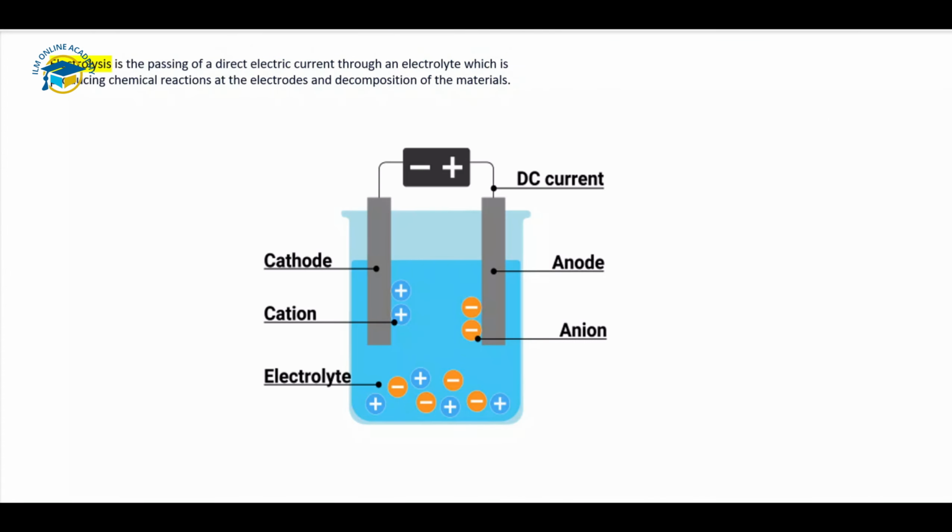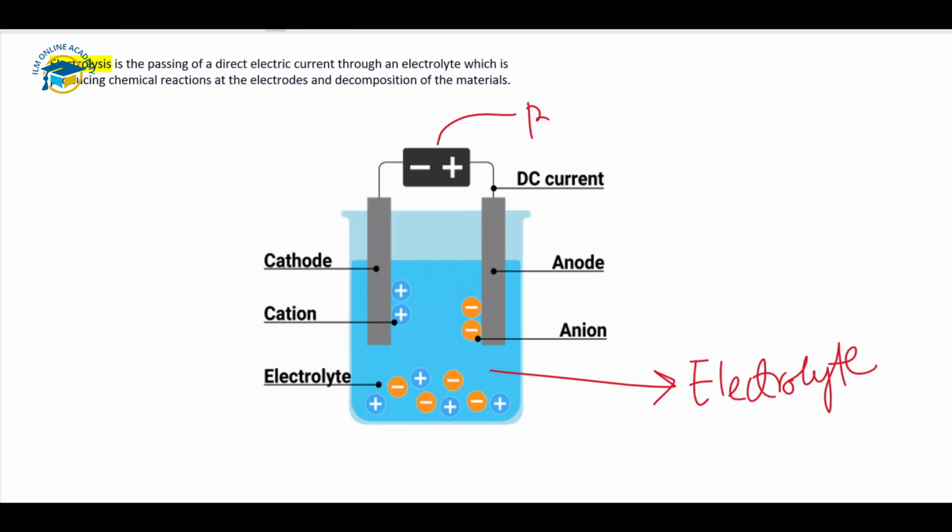Electrolysis is the passing of electric current through an electrolyte, and the electrolyte is this liquid solution present in the electrochemical cell or tank. So electrolysis is the decomposition of an ionic compound when molten or in aqueous solution by the passage of the electric current.